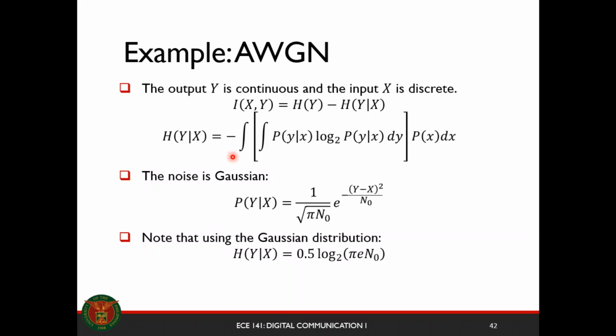The a posteriori probability is equal to this equation, and you integrate the whole of this. For the Gaussian distribution, h of Y given X is equal to this expression, where N naught is the power spectral density magnitude of your additive white Gaussian noise.